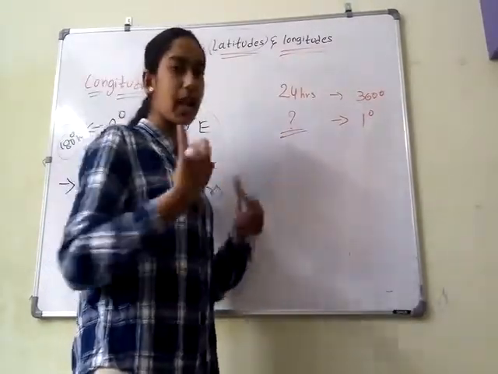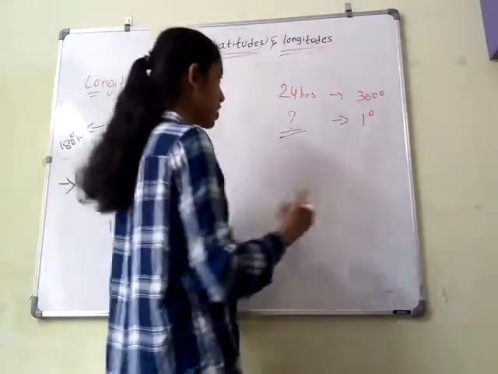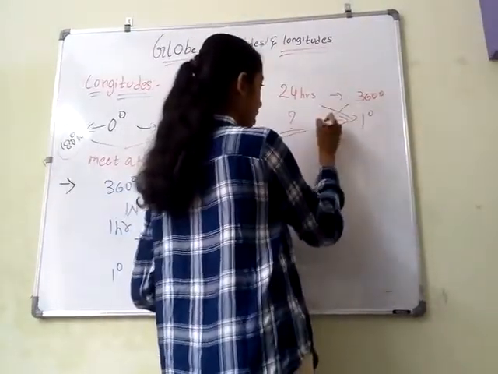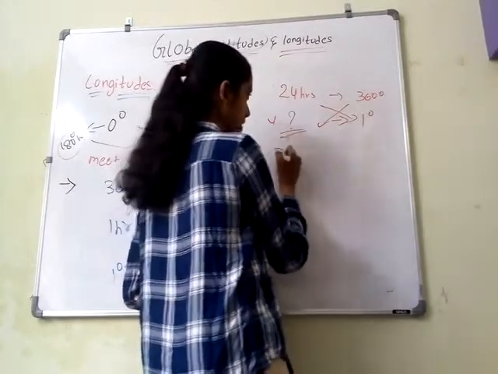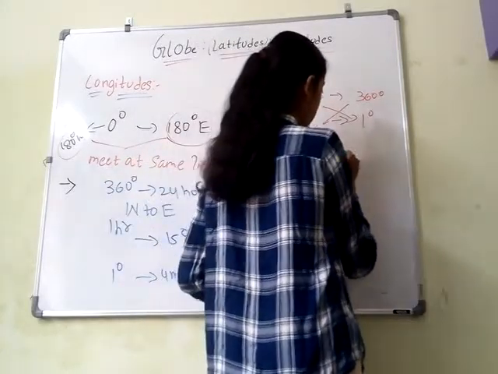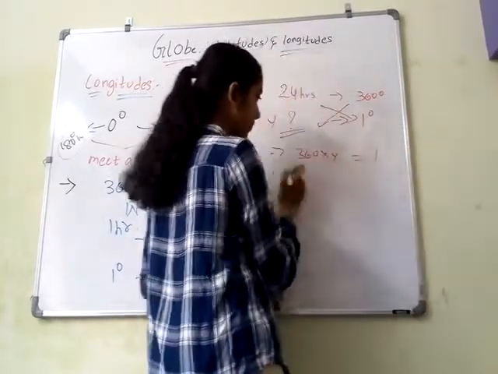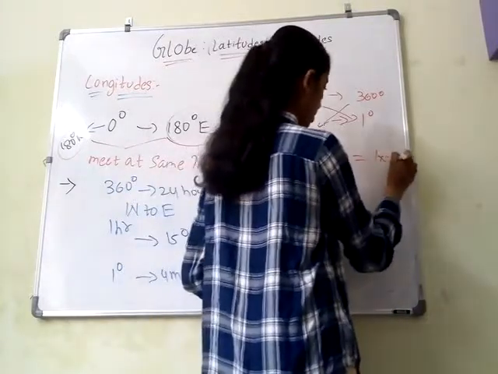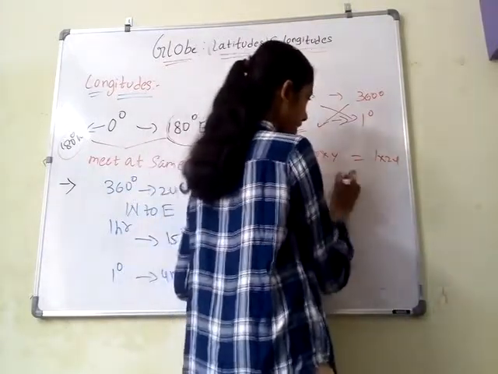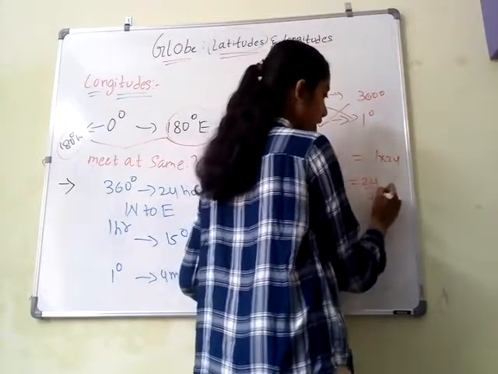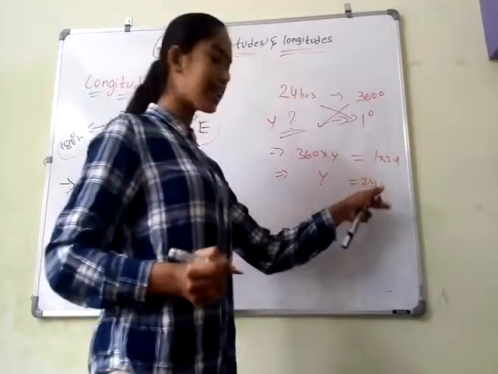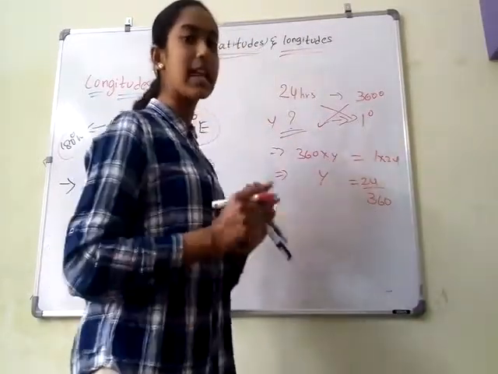First we'll take hours, then we'll convert into minutes. So let's cross multiply this. We will take it as y. 360 into y is equal to 1 degree into 24. So y is equal to 24 by 360. If you calculate 24 by 360, we'll get it in hours.